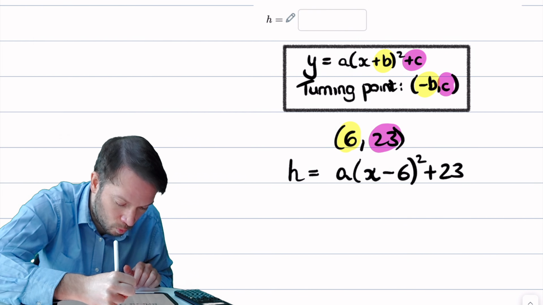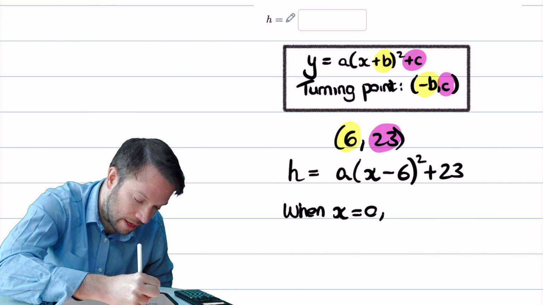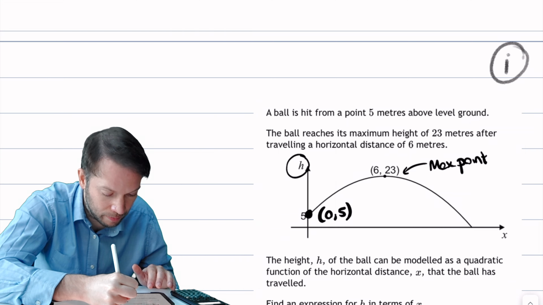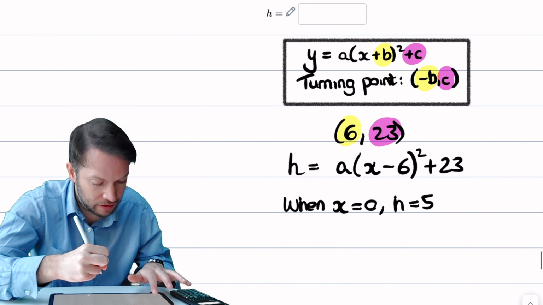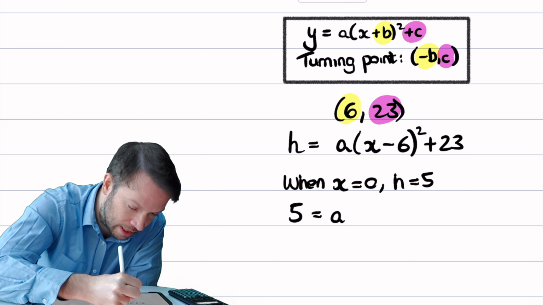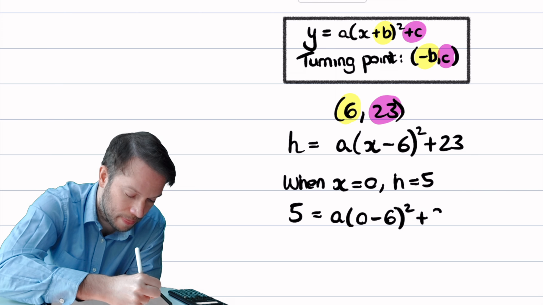So we know that when x is 0, h is equal to 5. You can see that here. So let's substitute that in. We're going to get 5 is equal to a(0 - 6)² + 23.